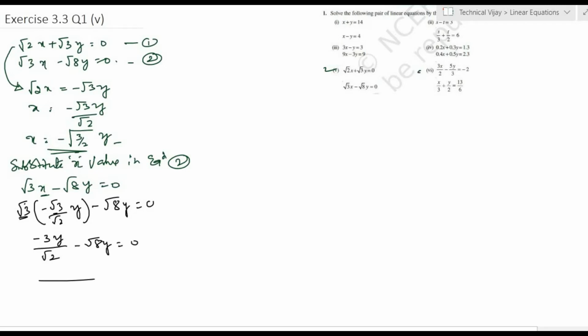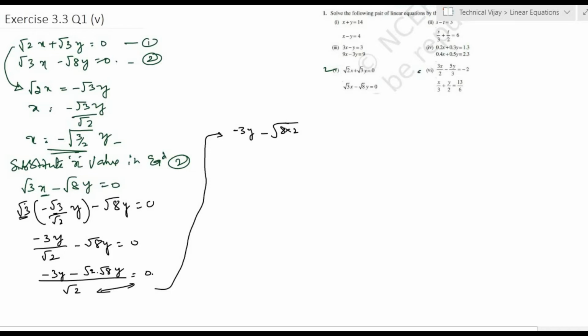So we will take the LCM here. Root 2 will become the LCM. So minus 3y minus root 2 into root 8y, all over root 2, is equal to 0. So here root 2 into 0, by cross multiplication, will become 0. So this equation can be rewritten as minus 3y minus root 8 into 2 y. Here root a into root b is nothing but root ab.